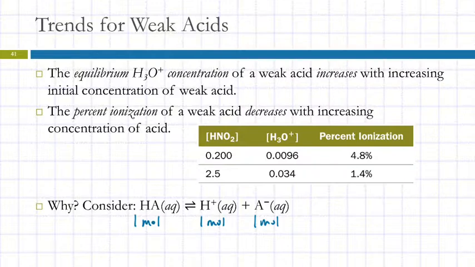It's not going to be the same because we have more moles of stuff over here. It's going to go to the left. And so that's why the percent ionization decreases. And you can pick 2 concentrations and do the calculation, and you can kind of prove it to yourself that way.